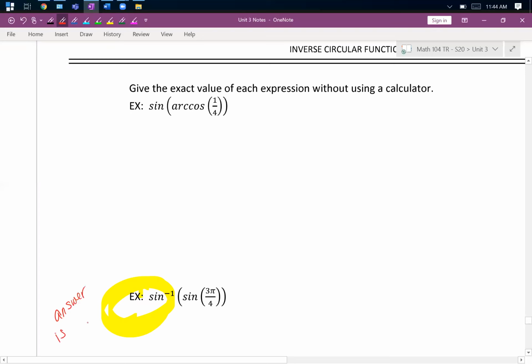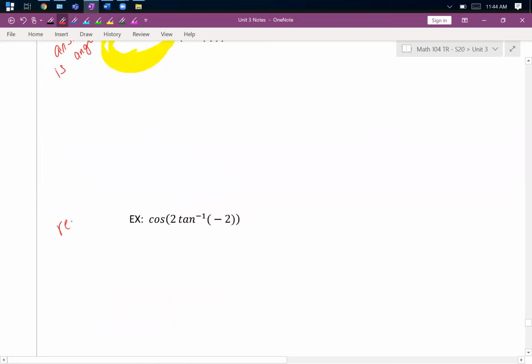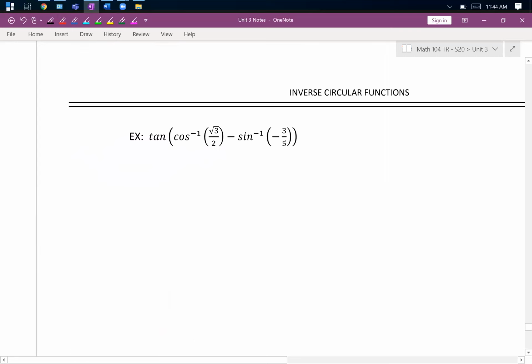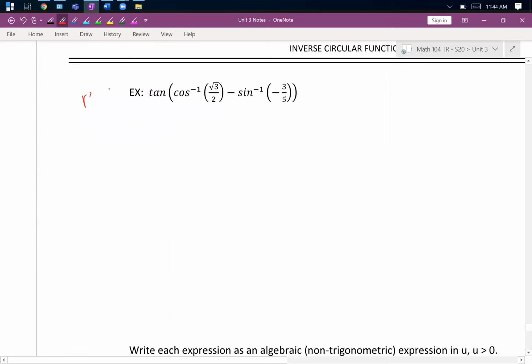So when whatever you have on the outside is the inverse function, our answer is going to be an angle. When it's not an inverse trig function on the outside, our answer will be a real number. So like this one will be a real number. This one will be a real number.